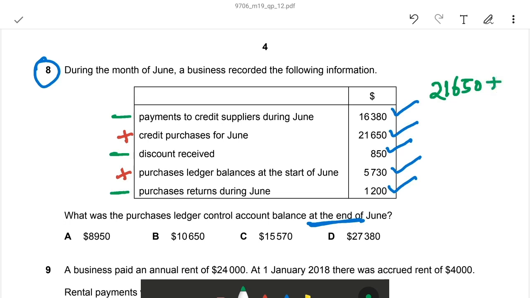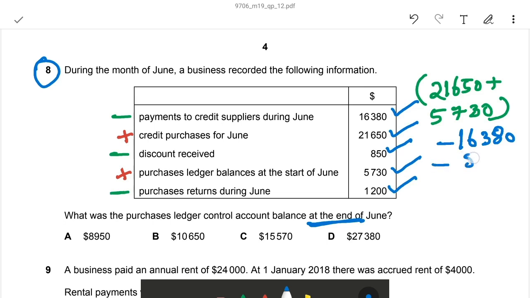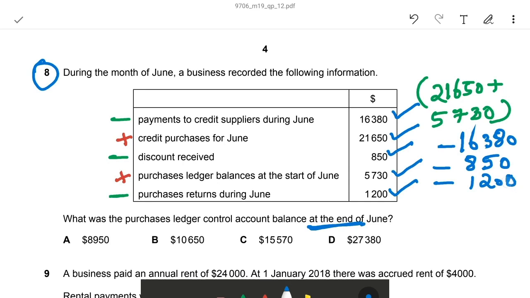21,650 plus 5,730 minus 16,380 minus 850 minus 1,200.